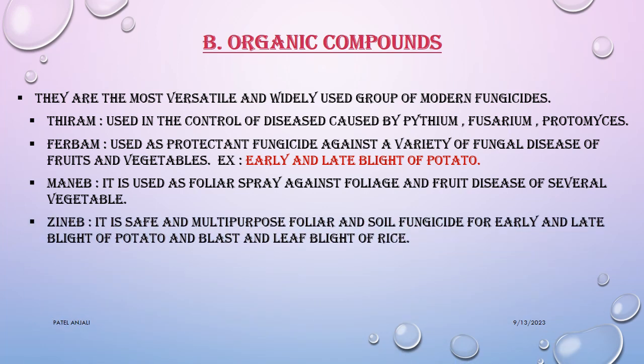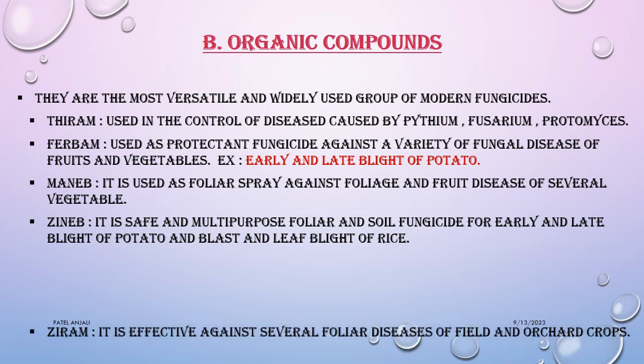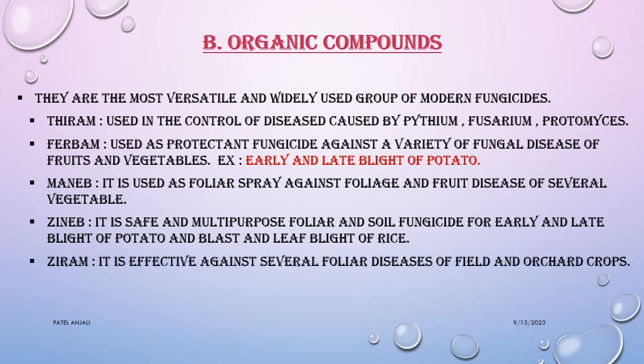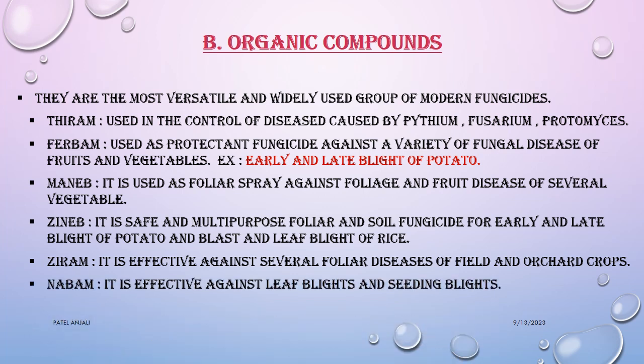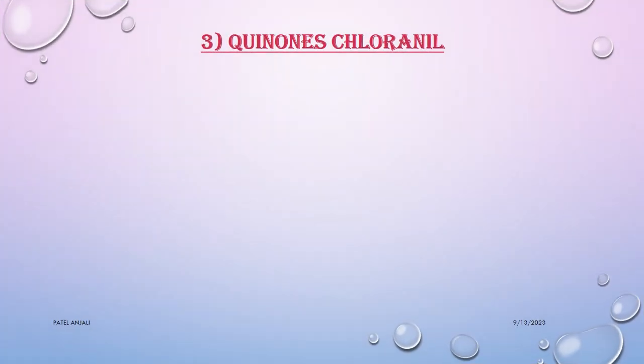Zineb is a safe and multi-purpose foliar and soil fungicide for early and late blight of potato and blast and leaf blight of rice. Ziram is effective against several foliar diseases of field and orchard crops. Nabam is effective against leaf blight and seedling blights.